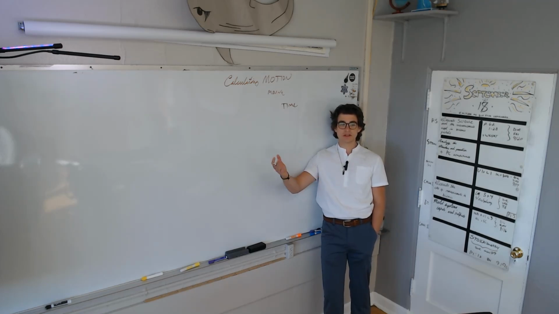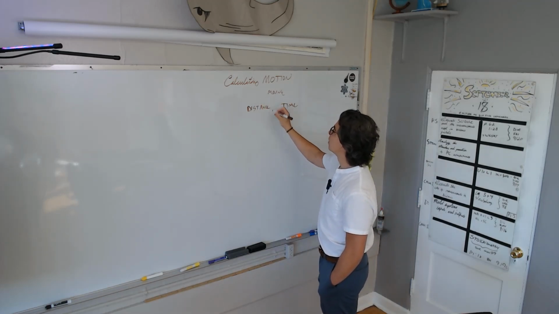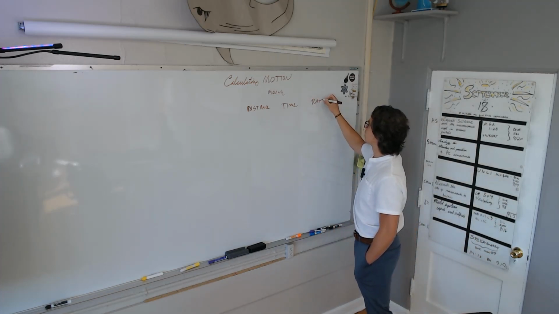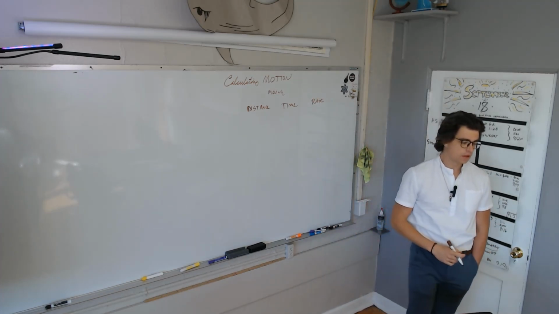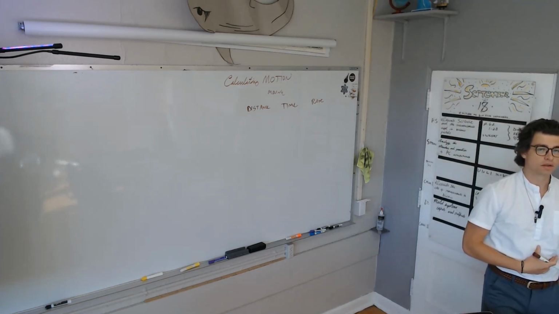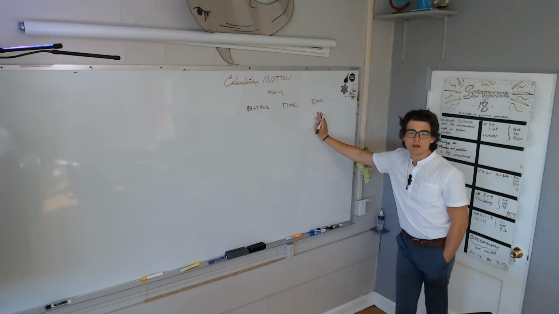Okay, 10 meters, which is a distance. Good. So the way that we measure motion involves distance and time. We call it in science a rate. The way that we measure motion involves distance and time, and we call it a rate.